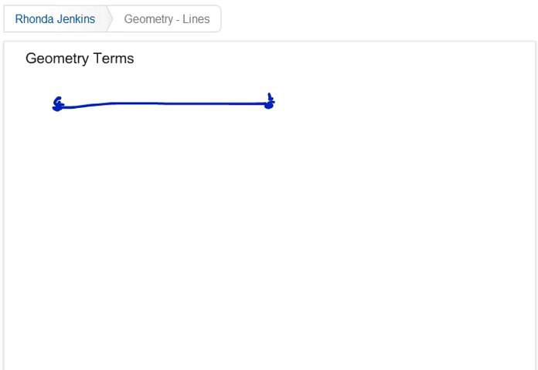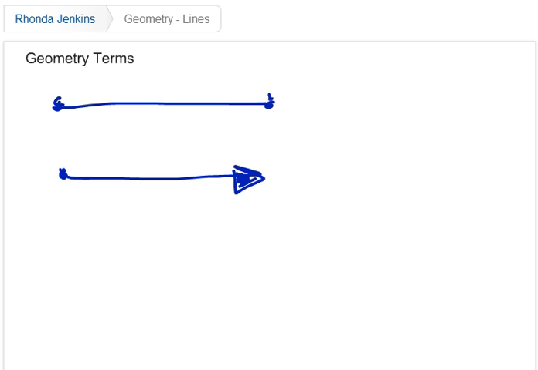Another term we talked about today was a ray. A ray has an endpoint, a line, and then an arrowhead. That arrowhead helps us understand the direction the line is going in. Because we can't draw a line on forever, the arrow shows that the line does continue forever and ever off to the right. But to the left, it stops at the endpoint.